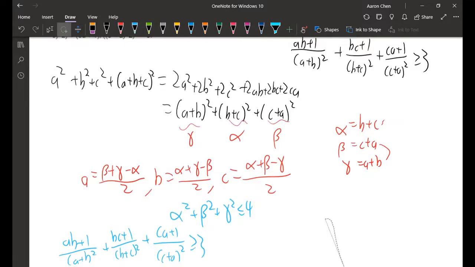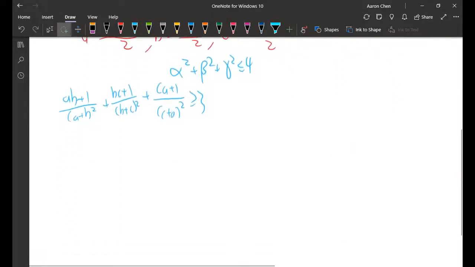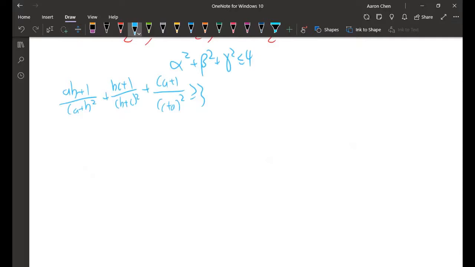And this is at least 3. So you can easily see that this denominator is gamma squared. And so we look at the numerator next.